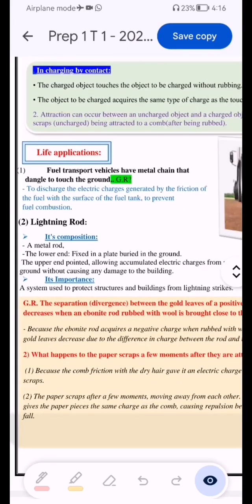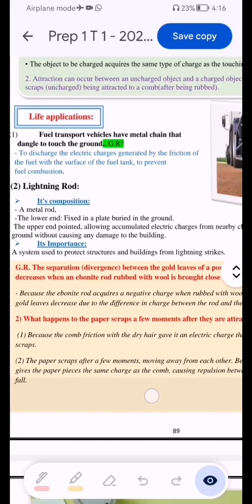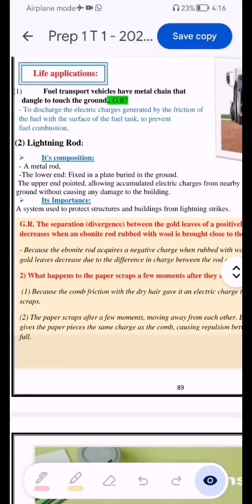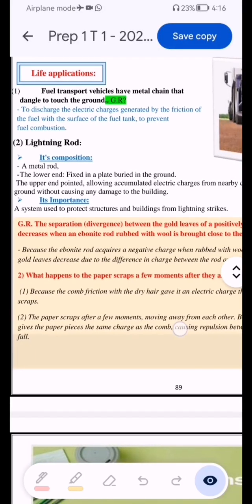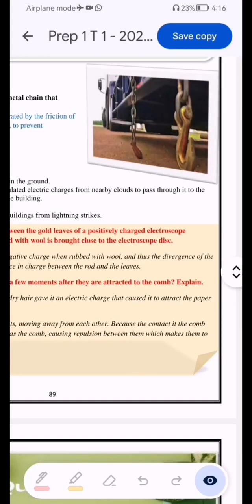Life applications. Number one, fuel transport vehicles have a metal chain that dangles to touch the ground. Look at this. In the vehicles that transfer fuel, there is a metal chain. Why? What is the importance of this chain? As you know, this vehicle has a tank that contains fuel, and when it goes, friction occurs with the tank. So what happens? Some charges are produced due to friction between the fuel and the tank and accumulate on the surface.